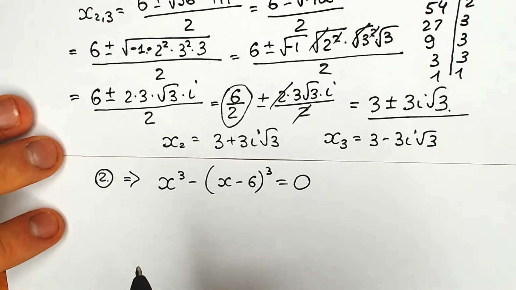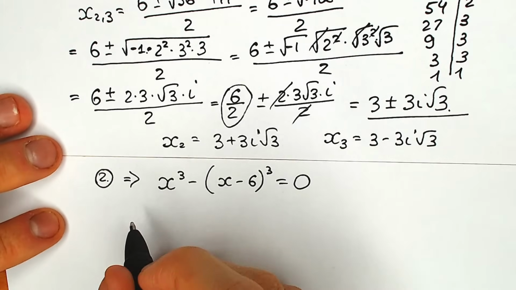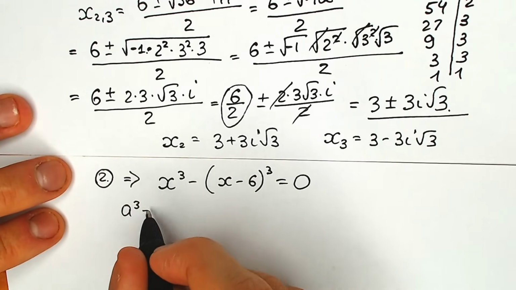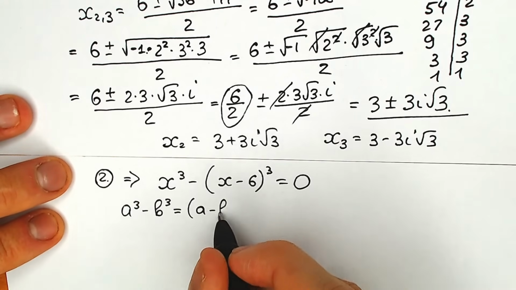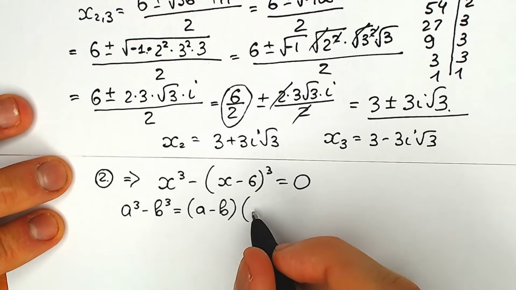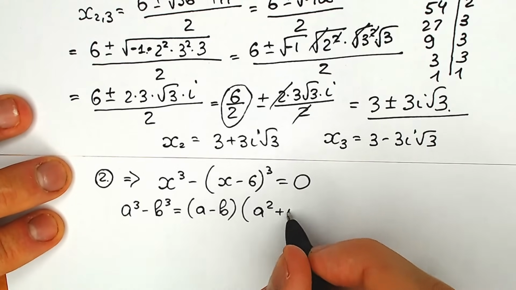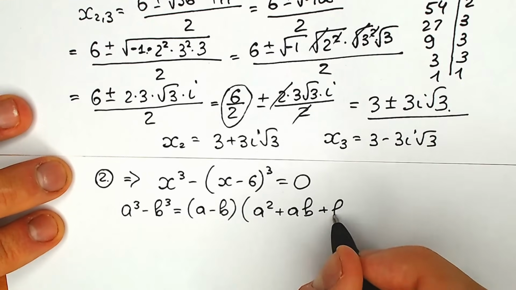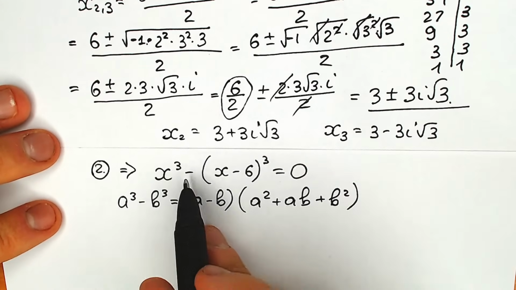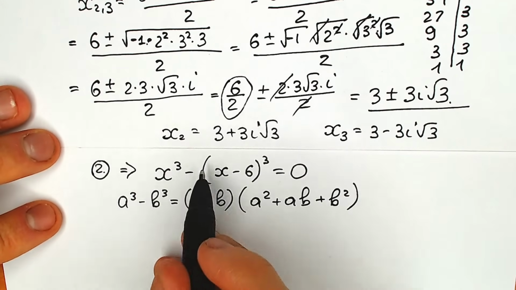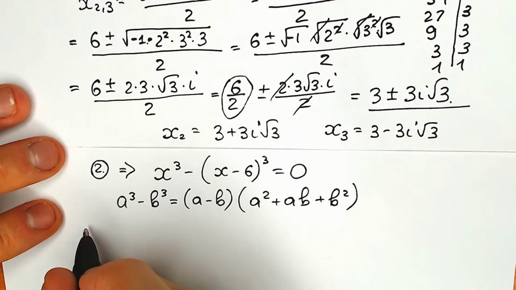Of course, let's consider it as difference of two cubes. As a result, we will have a cube minus b cube equal to, we have a minus b according to a formula, yeah, a minus b, and a square plus ab and plus b square. Let's, according to a formula, let's apply this formula right here, okay, in this second expression. Let's do this right now.